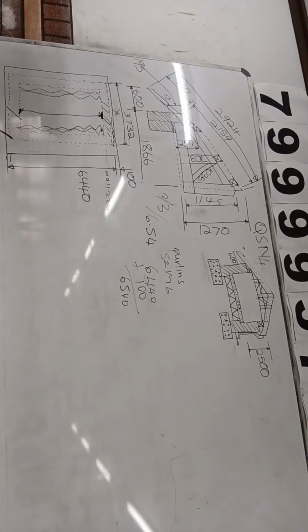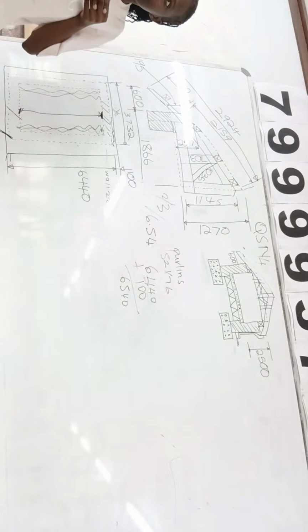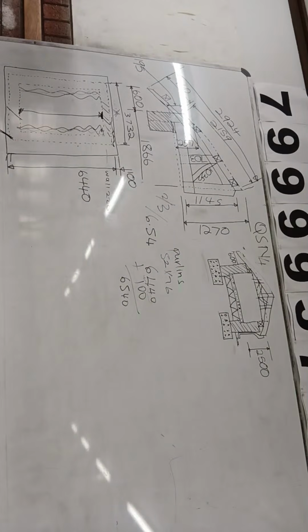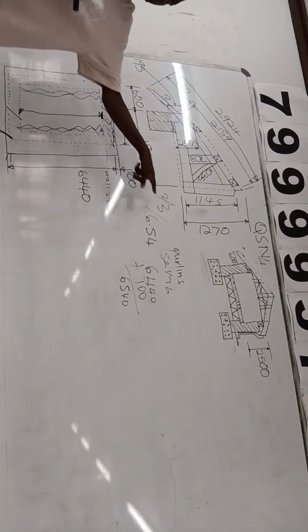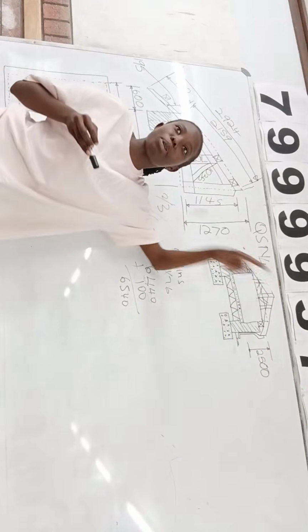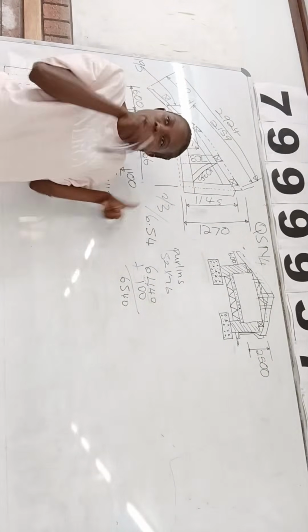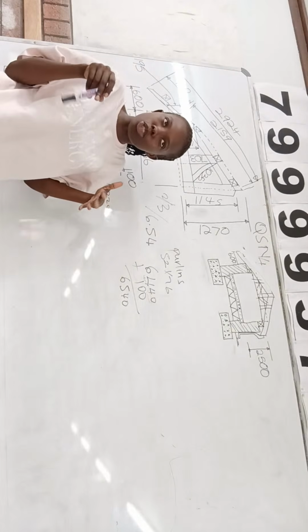Do you understand? Right? 3 is the number of pay lines. The pay lines get 3: 1, 2, 3. I just explained it for you. On this diagram, they did not show us the pay lines.